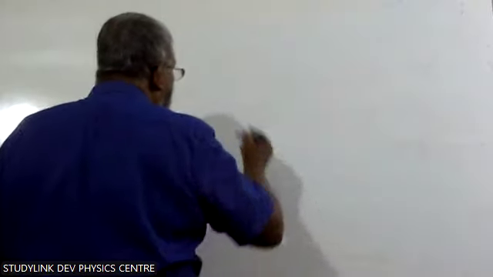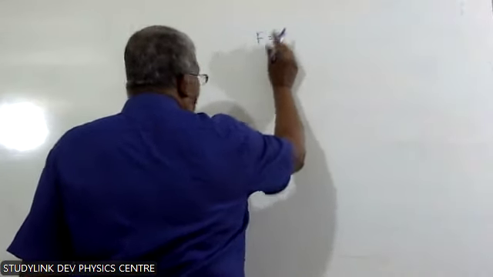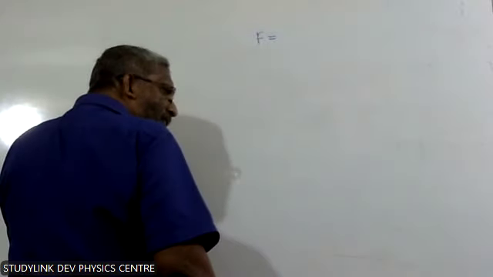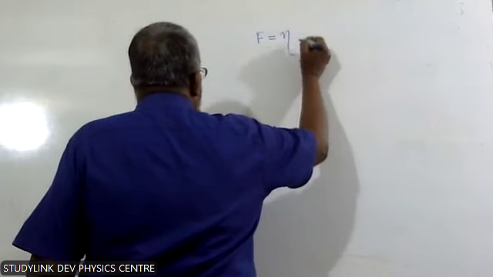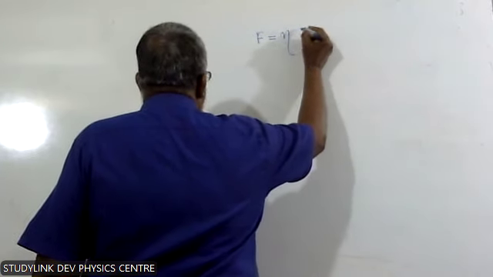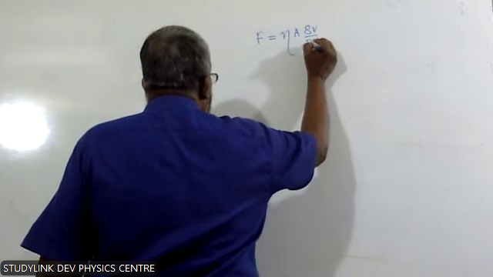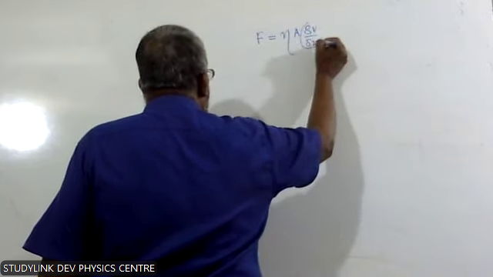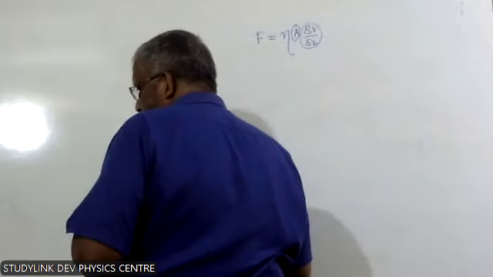Normally, definitions are very simple in physics. Always remember that. Physics definitions are very simple. You will remember the equation. If the equation is known, nothing would happen. F is eta A delta V over delta X, with the velocity gradient and the area or overlapping area.